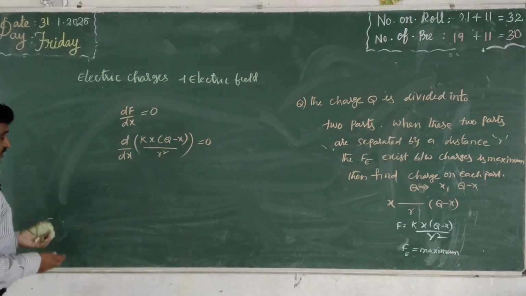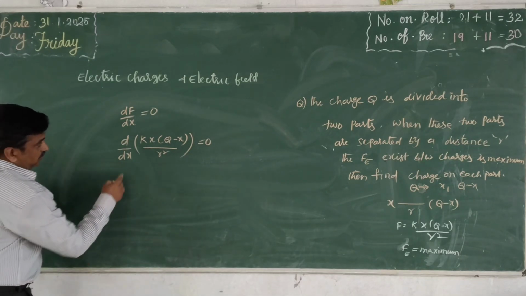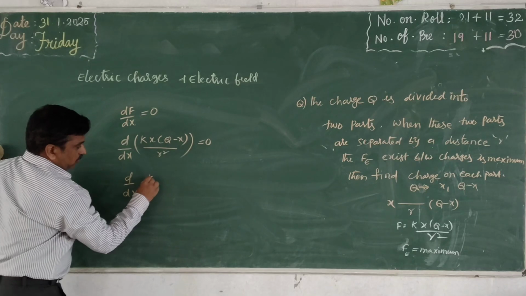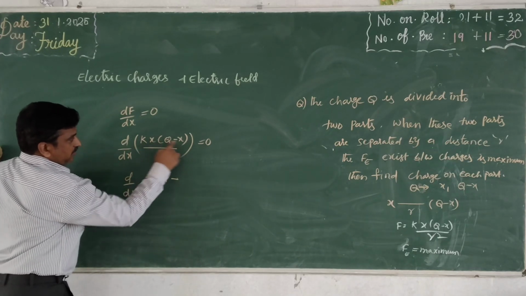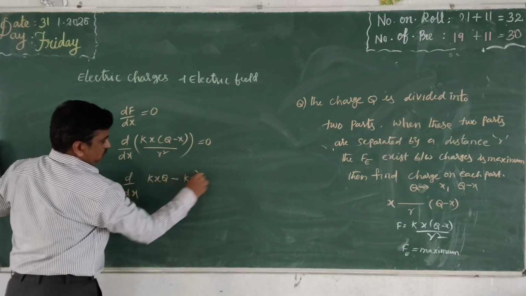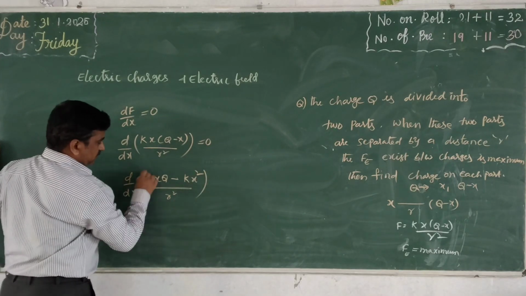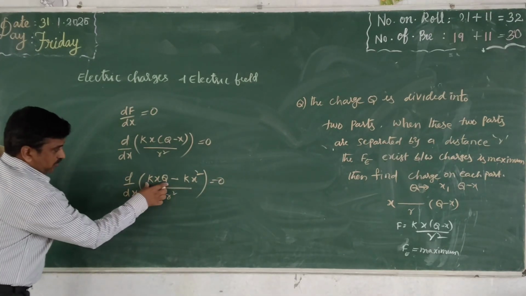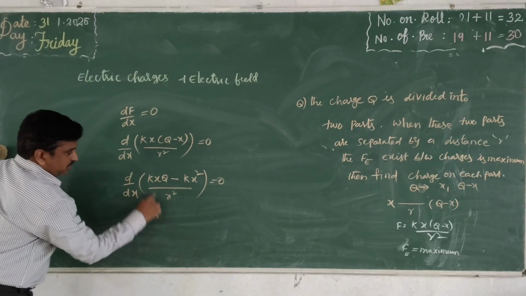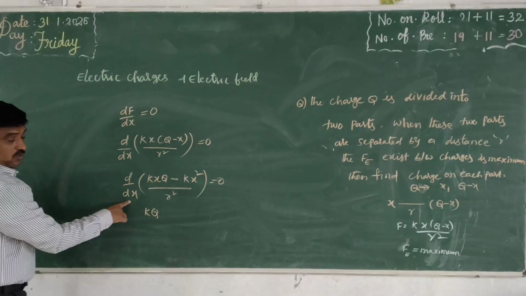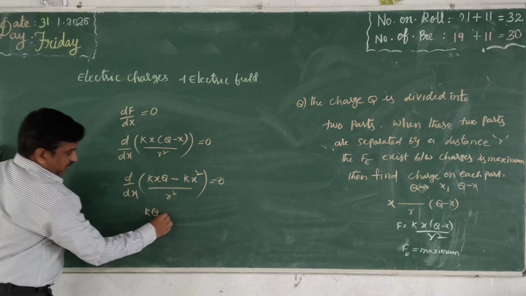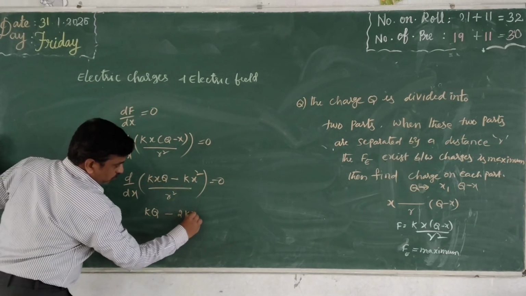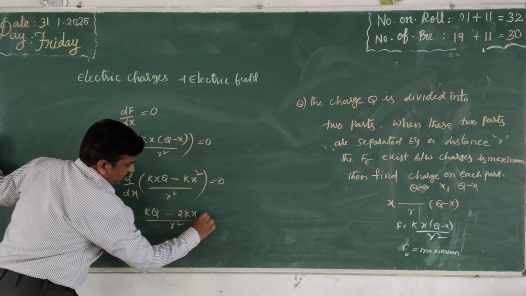See, first here we can write d by dx of (kx into q minus kx into x), that is kxq minus kx square by r square, that equals 0. Differentiation with respect to x: first part kq, x differentiation means dx by dx, 1 will come. So kq minus kx square, x square differentiation 2x, so 2kx by r square equals 0.